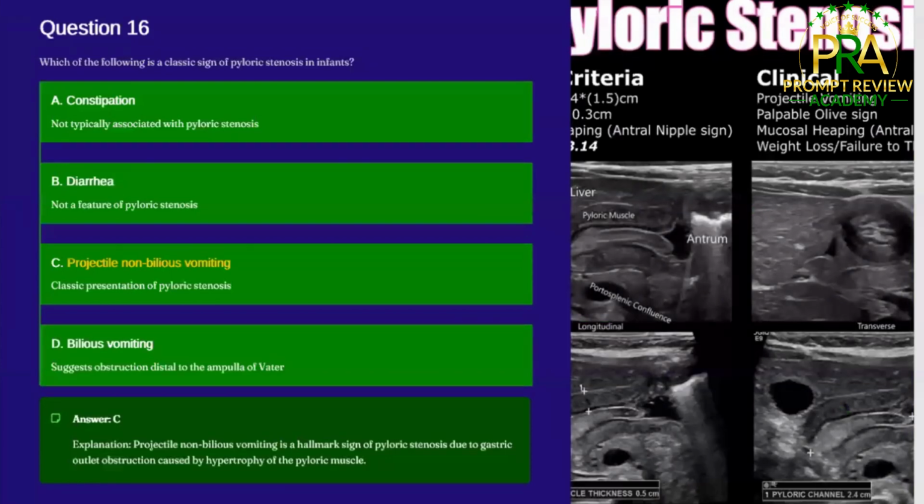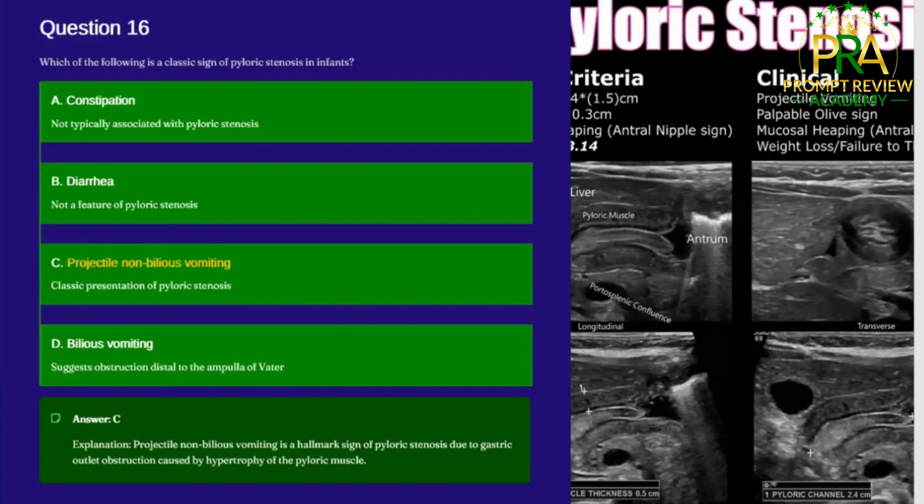Which of the following is a classic sign of pyloric stenosis in infants? We mentioned pyloric stenosis, and we said that in pyloric stenosis we have projectile vomiting, and it is non-bilious vomiting.